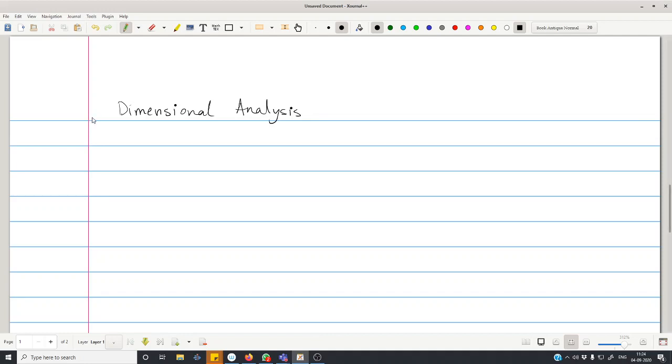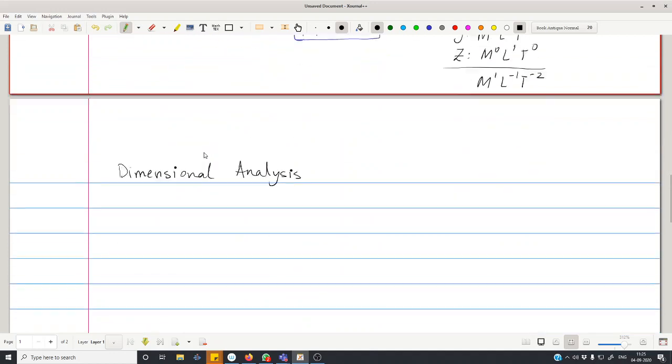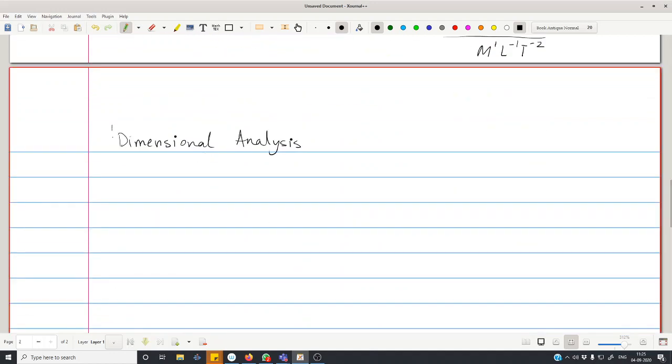So apart from having these kinds of checks that they're independent of units, they must have the same dimension. Someone suggested that it will help us find out the constant, right? But actually, that is a corollary of something much greater, and that falls in the extremely useful topic of dimensional analysis.